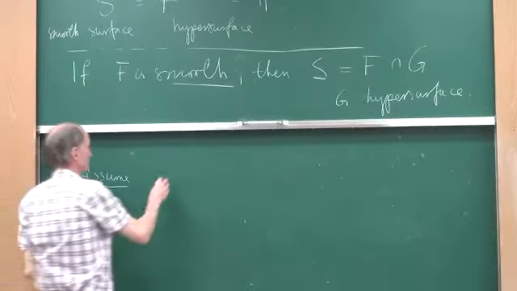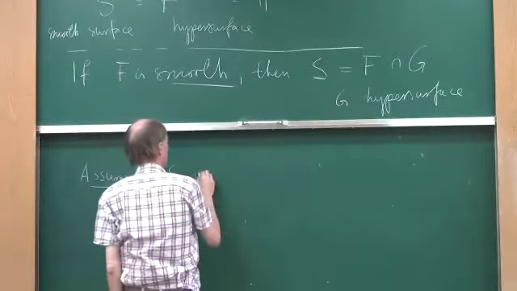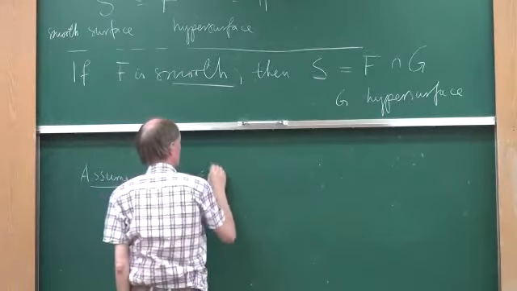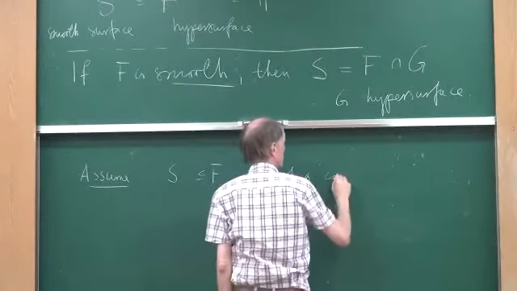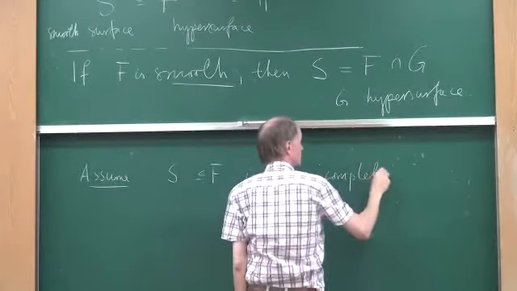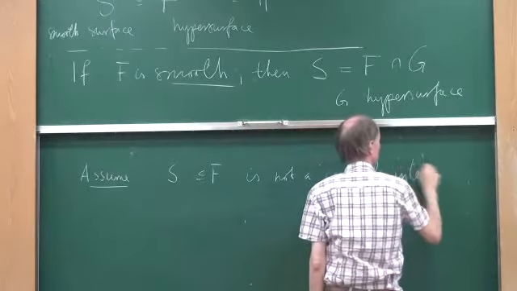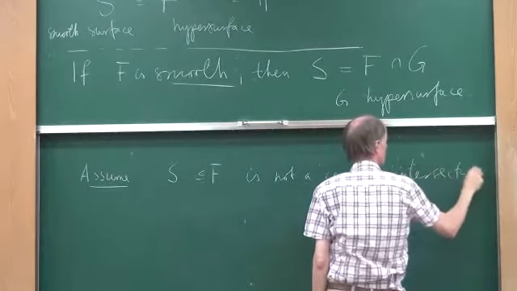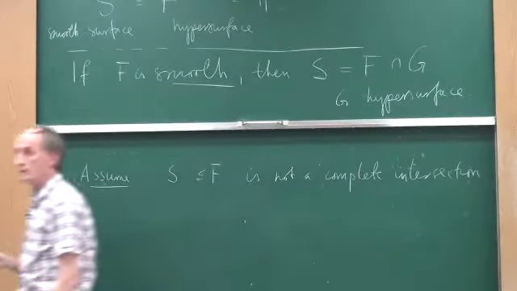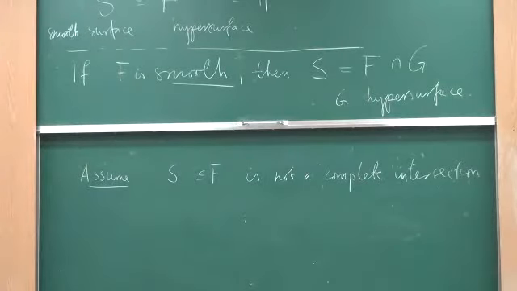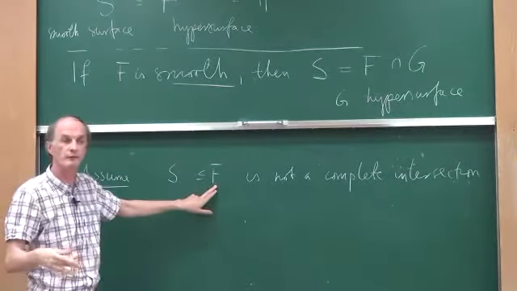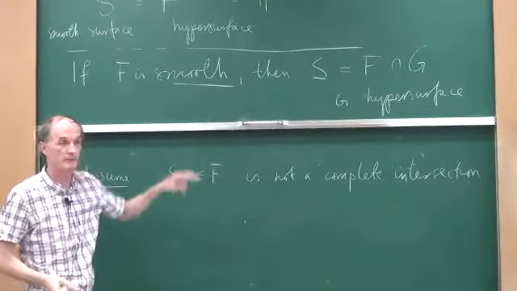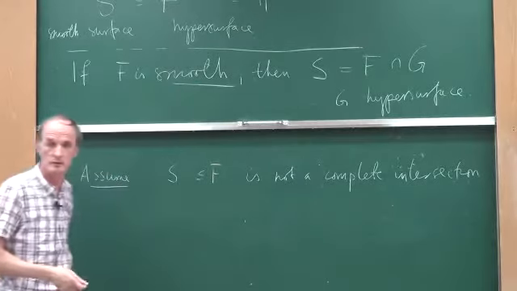So assume that S is not a complete intersection. So assume that the surface S inside F is not the intersection of F with another hypersurface. So assume that this is not the case.